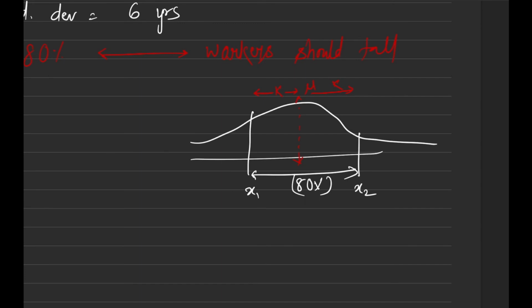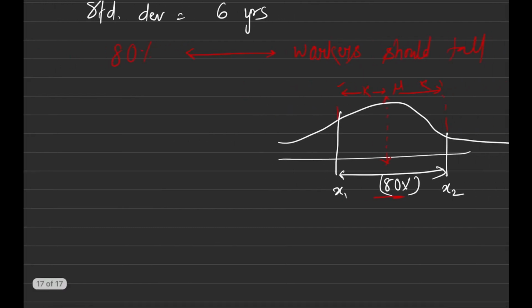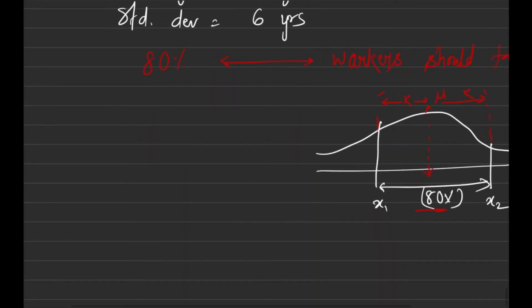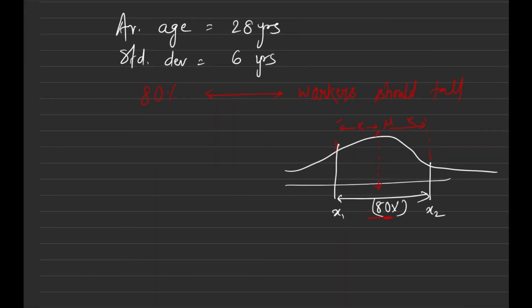So there is a k value which will give me this range with 80% of the values. I write the formula first: 1 minus 1 by k square, and this is giving me 0.8 or 80%.